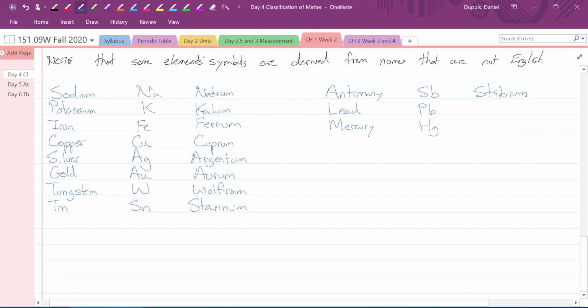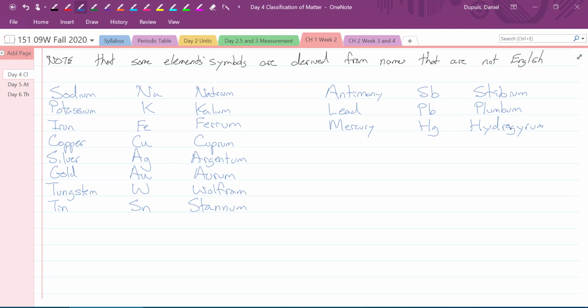Lead is plumbum. And mercury is this word. It's like hydrargyrum. I don't know how to say that. You don't have to either. We call it mercury. Right?